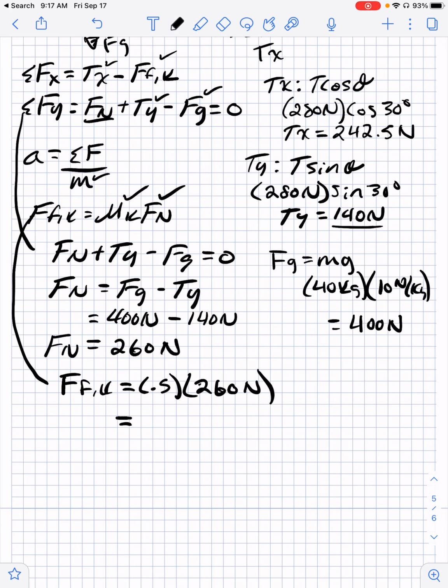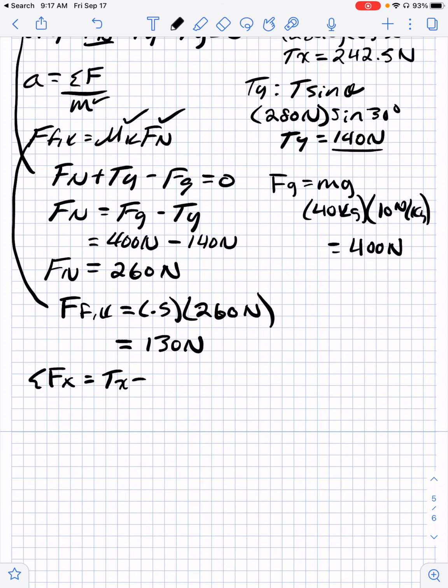Now that we know our kinetic friction and we know Tx, we can solve for the net force using our net force equation. The net force in the x direction, up there, we had said it was equal to our Tx minus the kinetic friction.